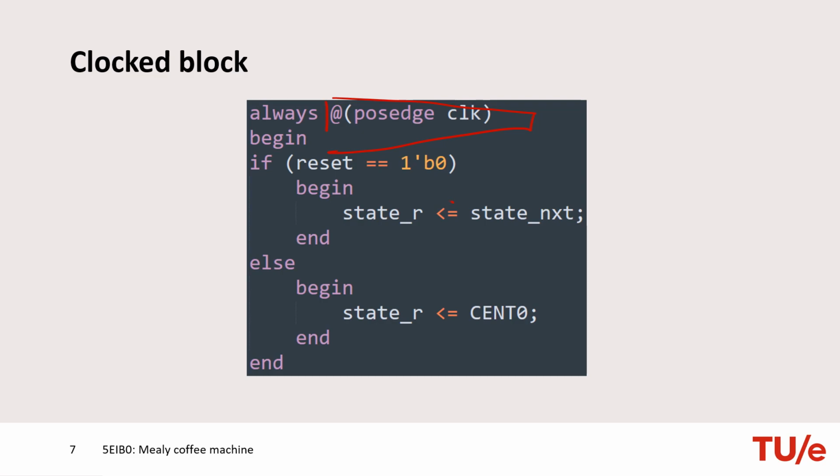Because it's on the posedge, we need to use this sign, and we need to assign our next state every time the reset is, for example, 0, because if the reset is 0, our next state is going to be put in our current state. However, if we press reset, then it will go to the else statement here, and you'll see that it will send back the first state, namely send 0, when there's no coins in the system.